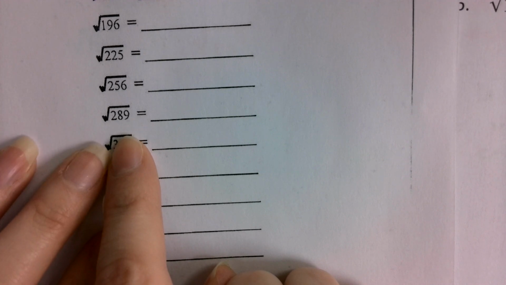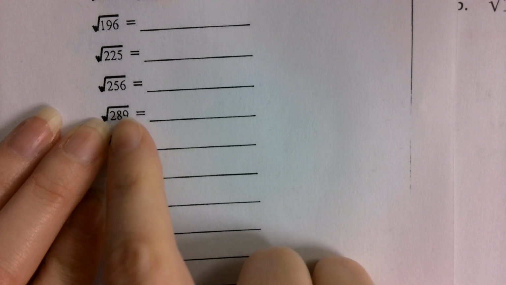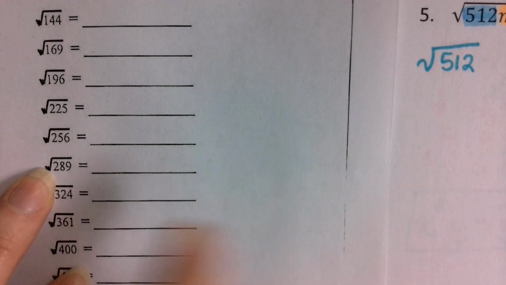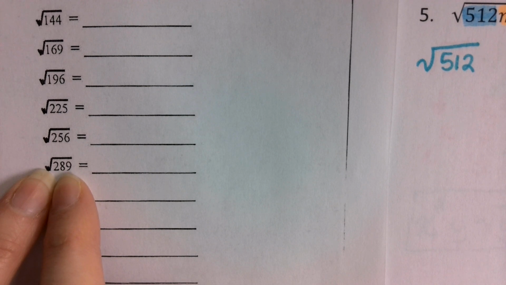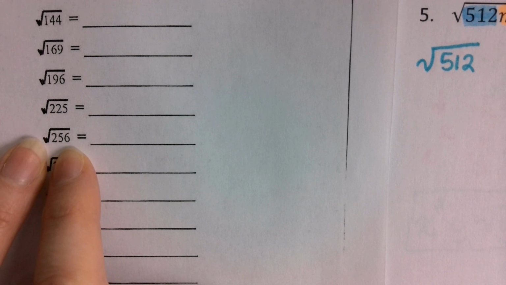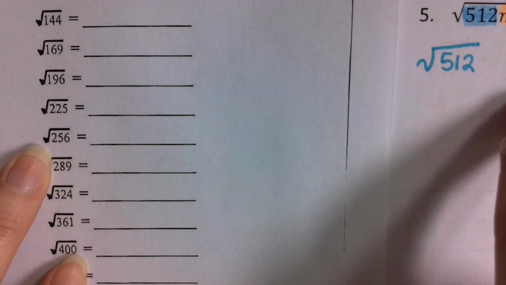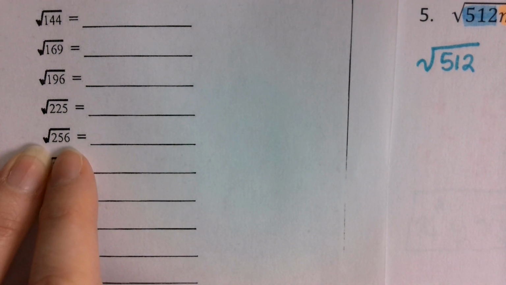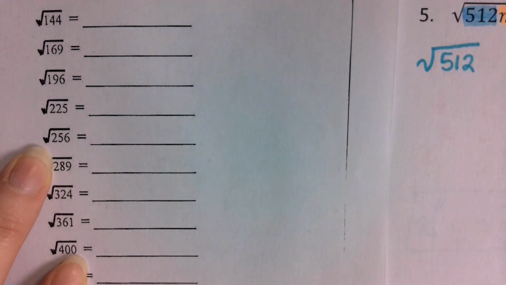That makes a little bit more of a reasonable concept, right? So 289. Do we think that 512 could be divided by 289? No. What about 256? Yes. 512 can be divided by 256. How many times? Twice. If you do 256 times 2, you're going to get 512.